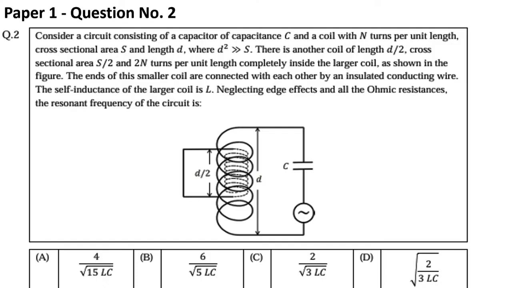The ends of the smaller coil are connected with each other by an insulated conducting wire. The self-inductance of the larger coil is L. Neglecting fringe effects and all the ohmic resistances, the resonant frequency of the circuit is.